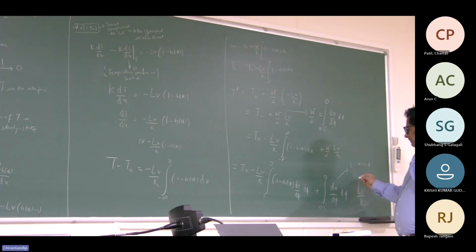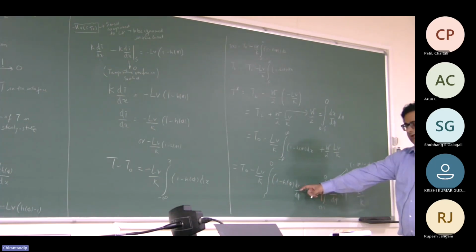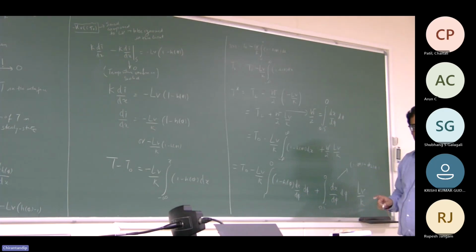So 1 minus h of 5, 0.5 to 0 will cancel with 0.5. It is maybe also possible because dx by d5 happens to be an even function around 0.5. That it is, but that is not using. No, because you're integrating the terms we are cancelling. We're cancelling the integral from 0.5 to 1 and 0 to 0.5.